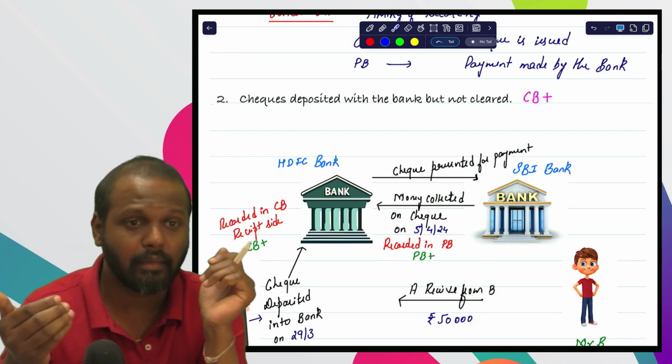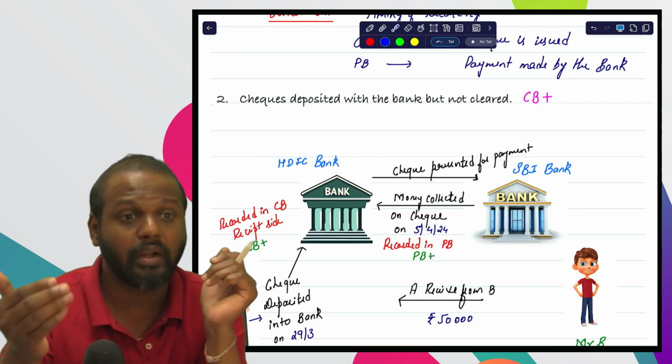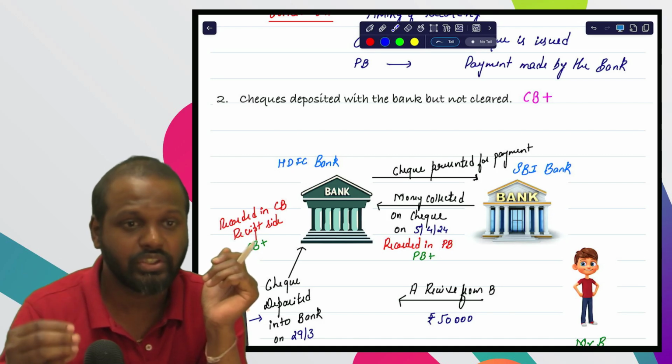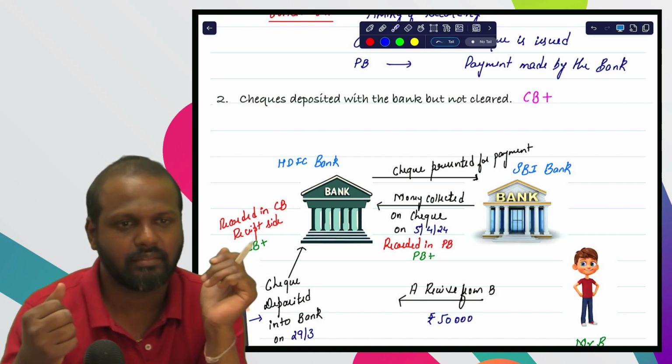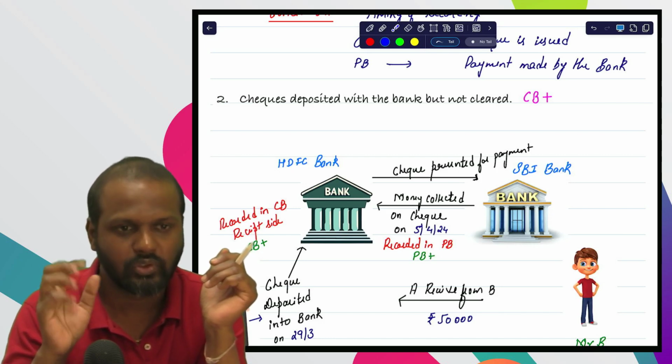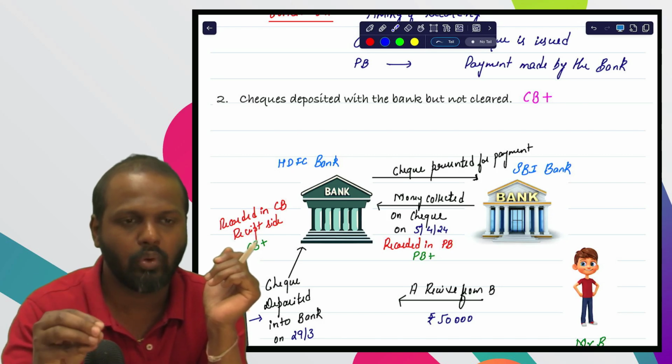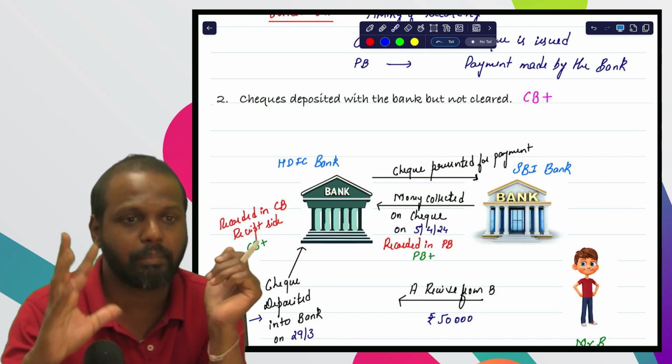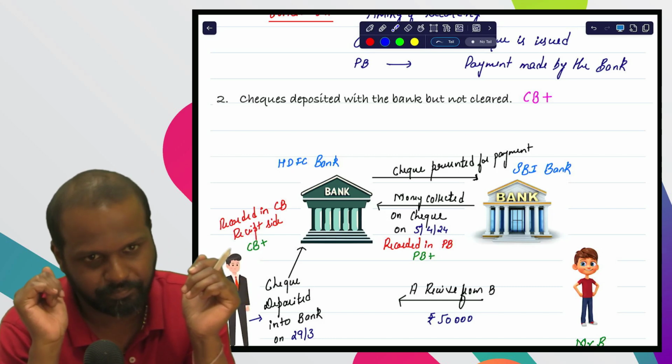Then the bank manager will tell, sir, your check is not yet cleared. Your check is not yet credited. You have not yet received the money into your bank account. So that's the reason you are not finding the amount in your passbook. No entry is there in passbook because check is not yet cleared.